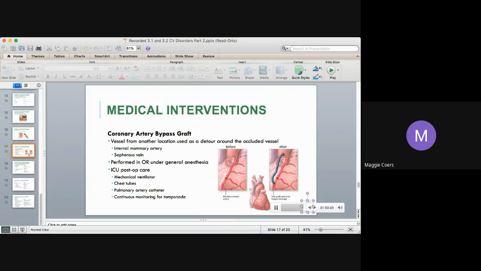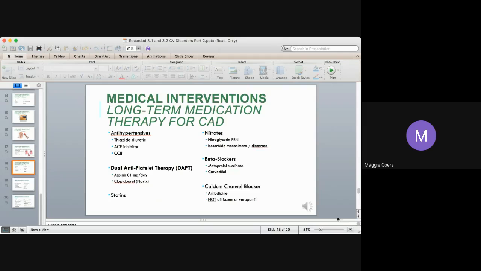And then we monitor for tamponade because if the stitches break on the graft, they will have blood shooting from the aorta, and that fills up the heart cavity very quickly and will cause cardiac arrest. If the patient develops tamponade, then we need to take them back to surgery. The chest is reopened, they restitch the artery and things.